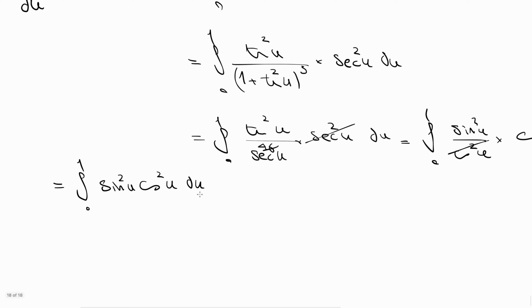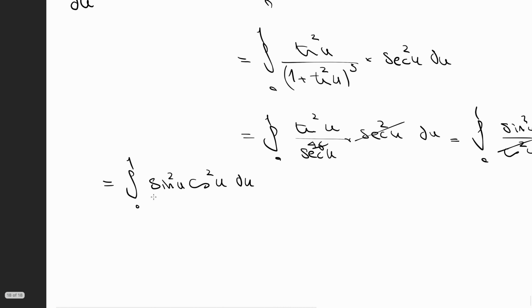Now, in order to simplify this further so you can integrate it, you have to use your knowledge from trig and trig identities. So if you recall, when we have sine 2u, it's going to be 2 sine u cosine of u, right? Now this is squared, so you can just go ahead and square both sides.